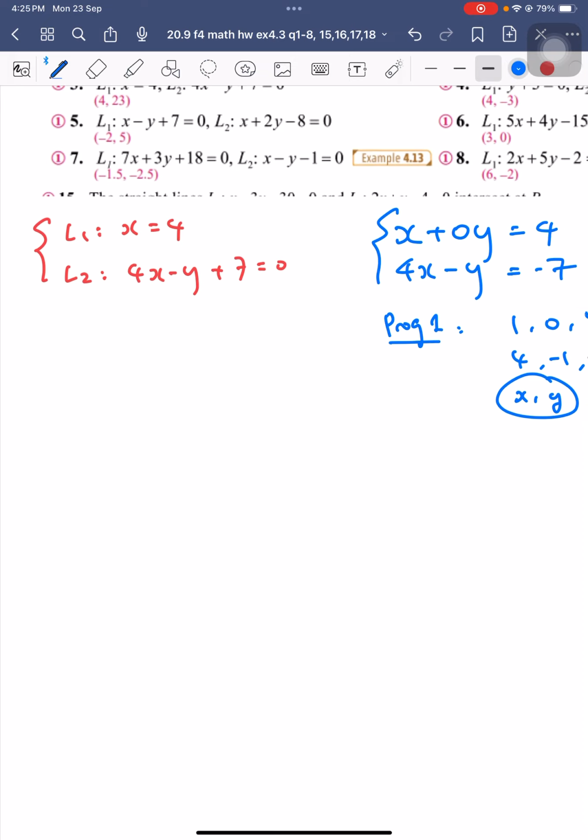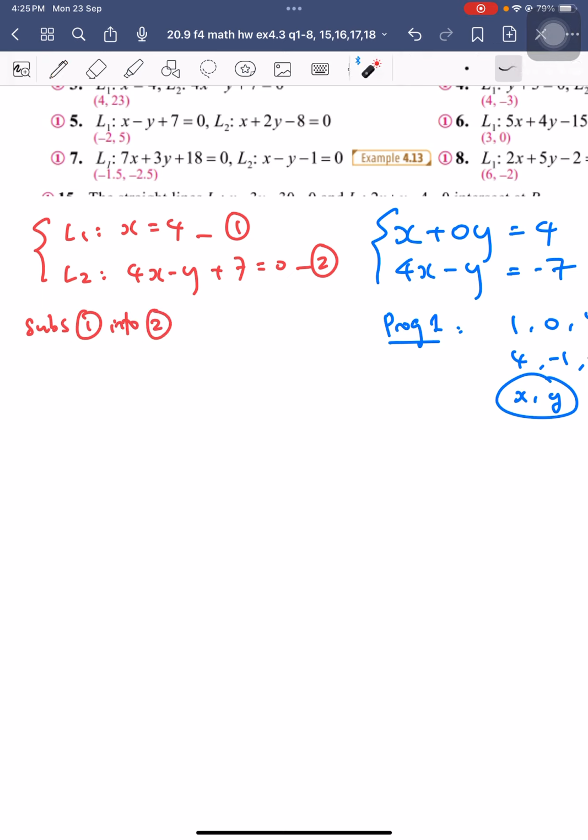So this is going to be the first equation, this is the second equation, then we substitute 1 into 2. We can just replace the x by 4. So now I have 4 times 4 minus y plus 7 equal to 0. Now we're trying to solve for y.